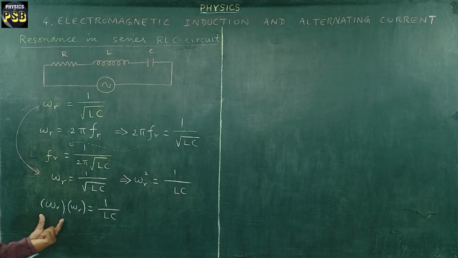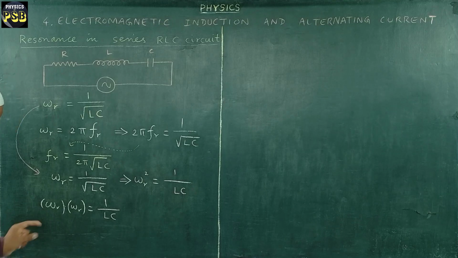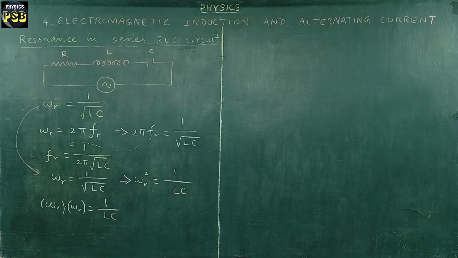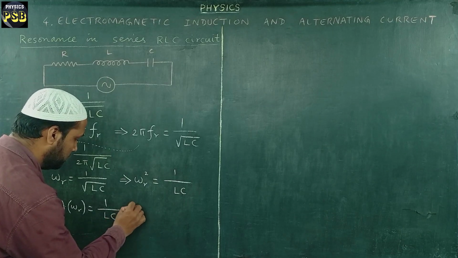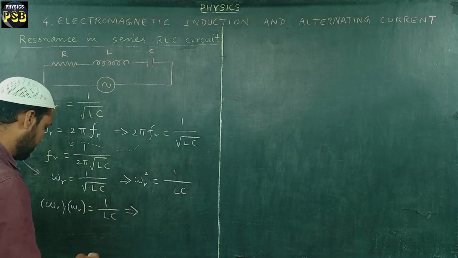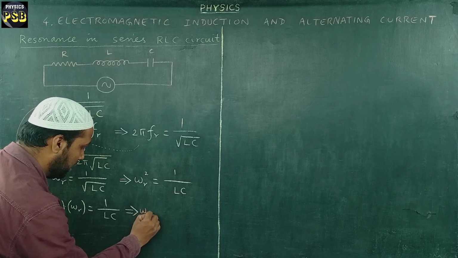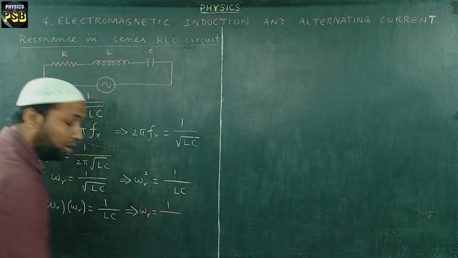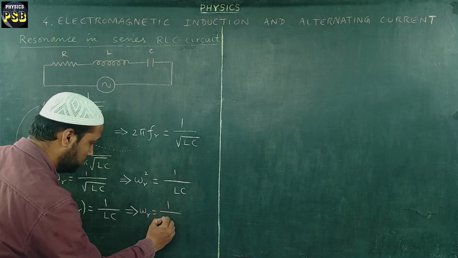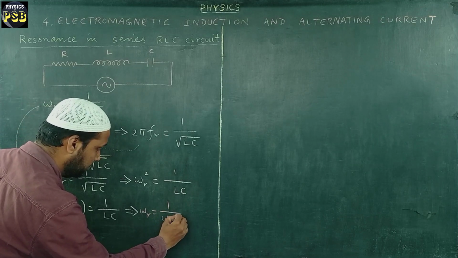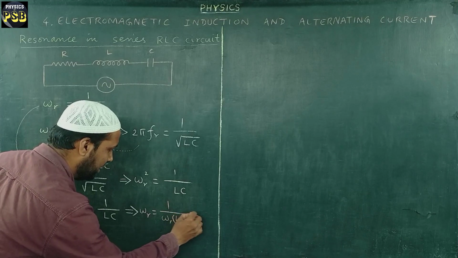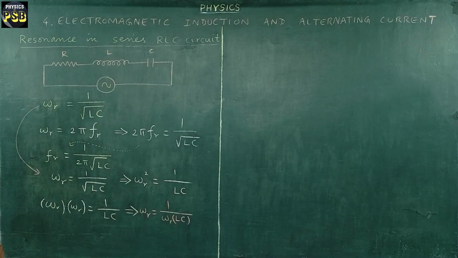Now, I keep one omega R here as such, and another omega R is taken to the other side of the equation. So, I'll get this. Omega R equals 1 upon omega R multiplied with LC. This is what I obtain.